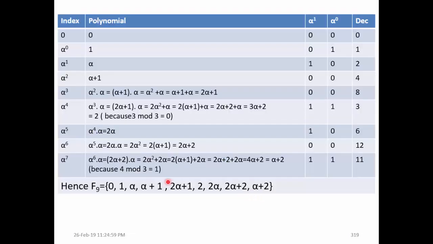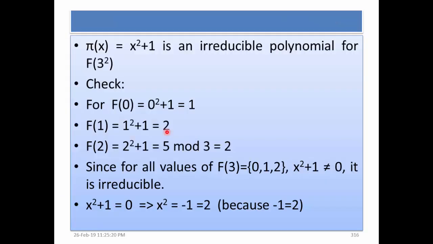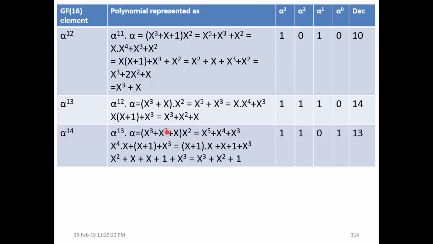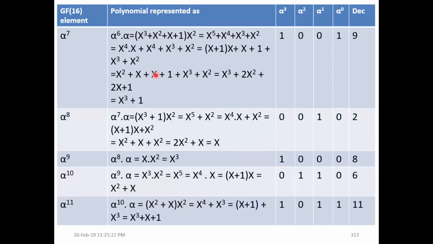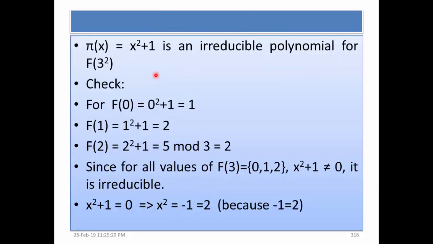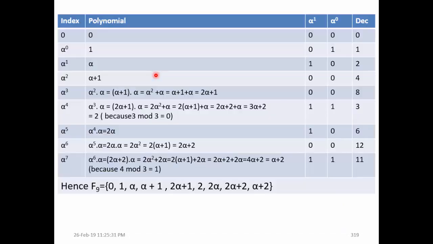So alpha cube, alpha square into alpha, is equal to alpha square plus alpha. Again, just replace this alpha square by alpha plus 1 and you get 2 alpha plus 1. And the very same method which we have used to find GF of 16, we will use to find GF of 9.